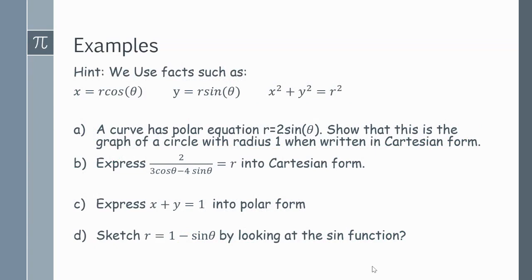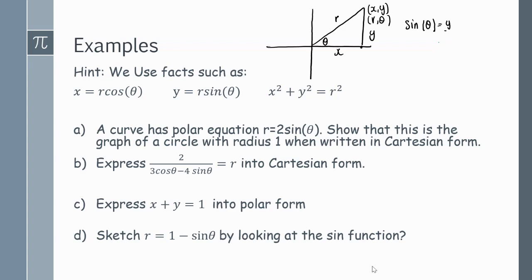When we're trying to convert polar equations to Cartesian equations or vice versa, it's important we use some facts. Here are the facts we're going to use. They just stem from the fact that if I have a point (x, y), it can be written as (r, theta), where theta is the angle and r is like my hypotenuse.